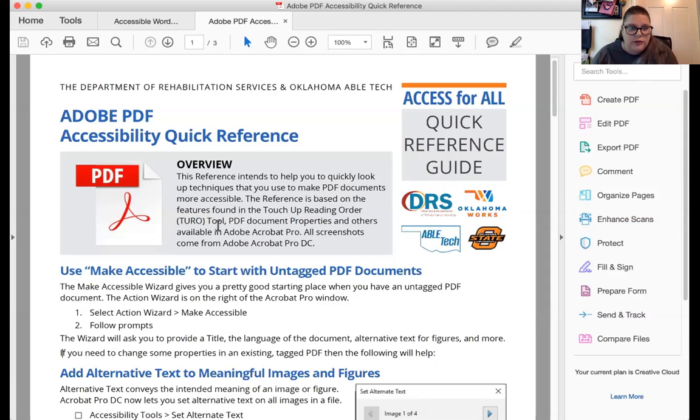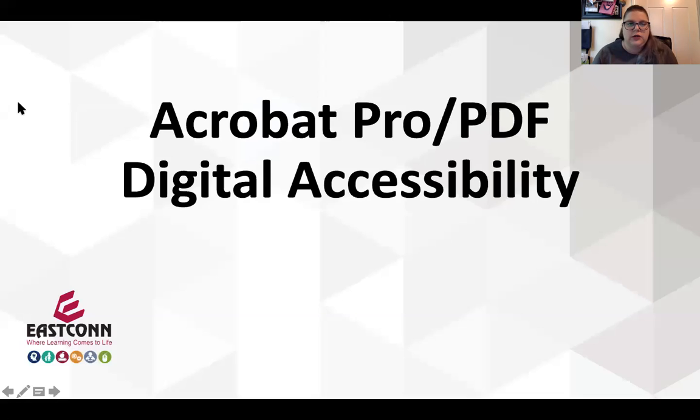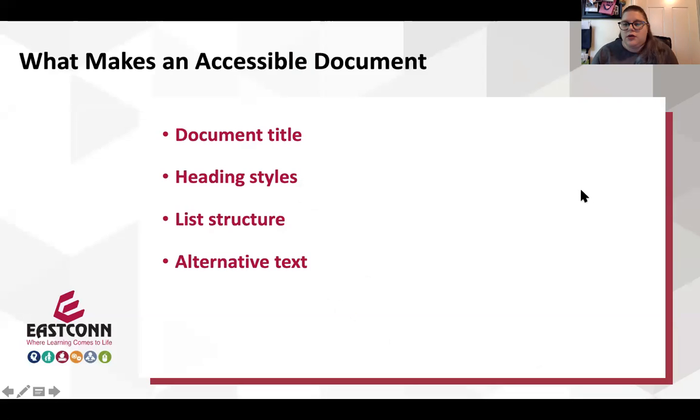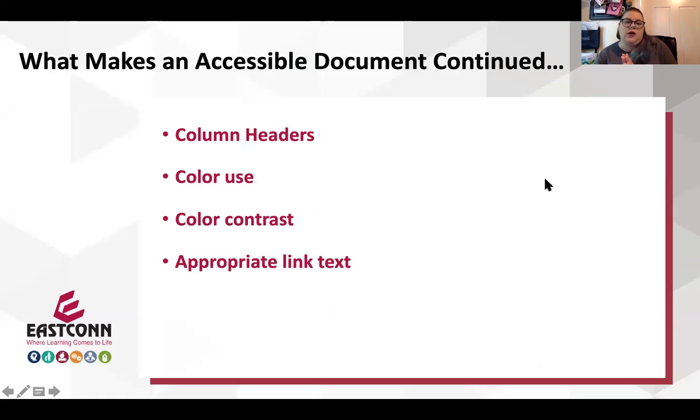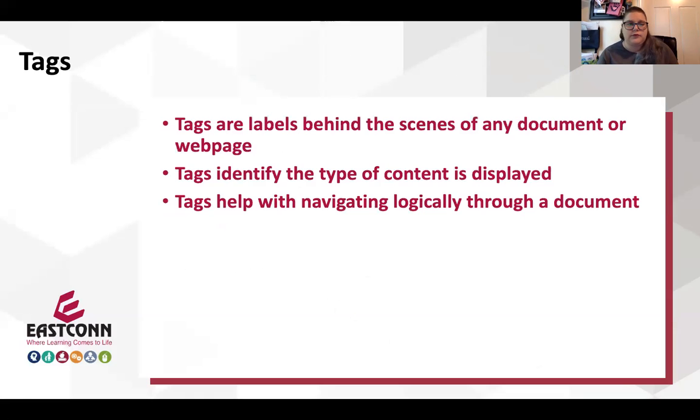Let me go back to my PowerPoint. Just to reiterate what we went over last week about what makes an accessible document: document titles, heading styles, list structures, alternative text, column headers, color use and color contrast, and appropriate link text.